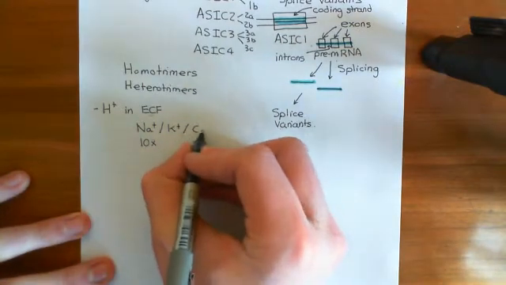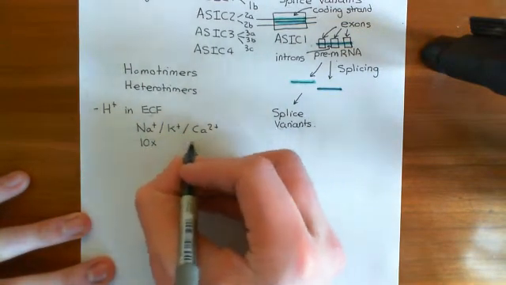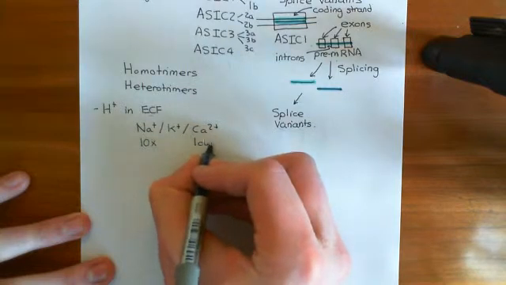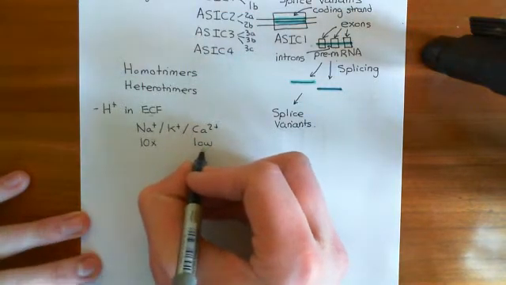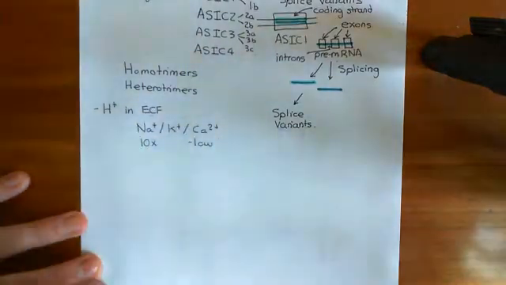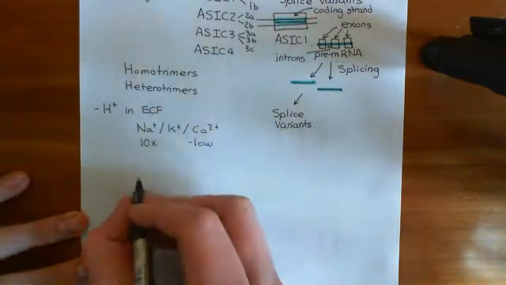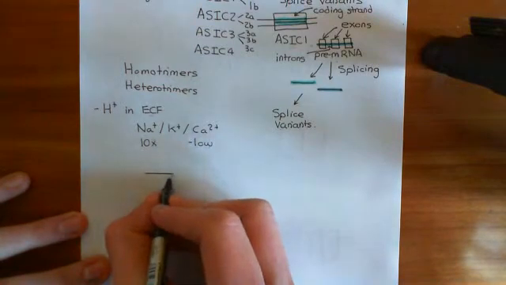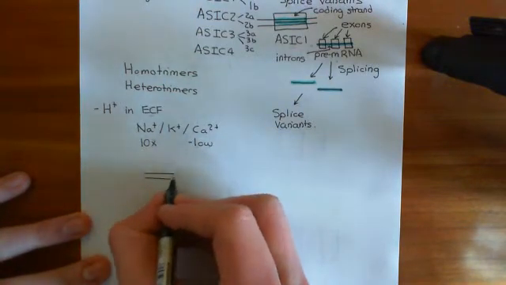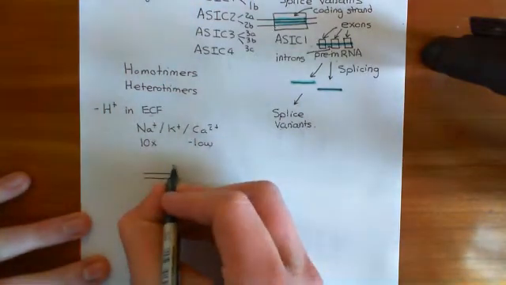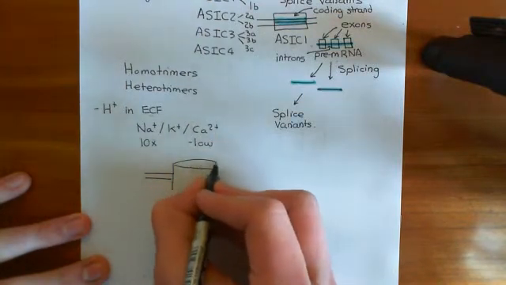And they will, at a push, let calcium ions come through, although their calcium permeability is pretty low, so it's pretty pathetic, really. So the main thing that they are permeable to is sodium ions. Okay, so let's discuss what's going to happen then to the electrical potential difference when you open this acid-sensing ion channel.